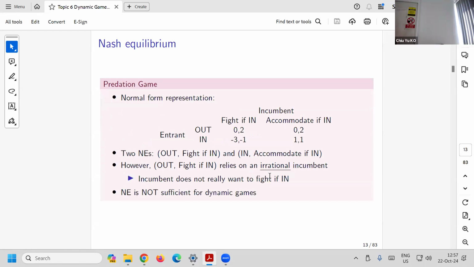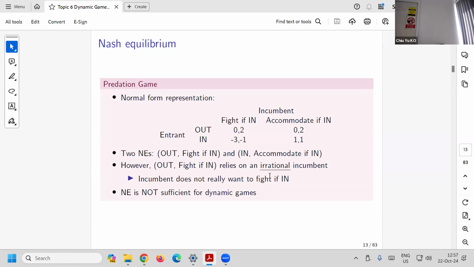If you write this in table form, the normal form, then if out, no matter what you do, it's 0 or 2, it doesn't really matter. If in, then it will be -1 and 1. If you check these four outcomes, you will see out and fight is a Nash equilibrium.